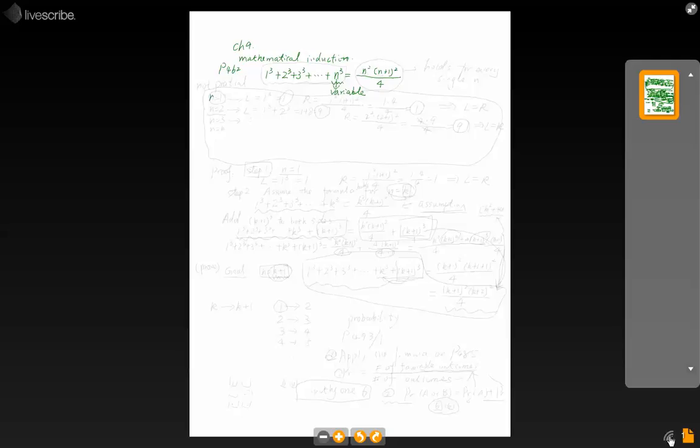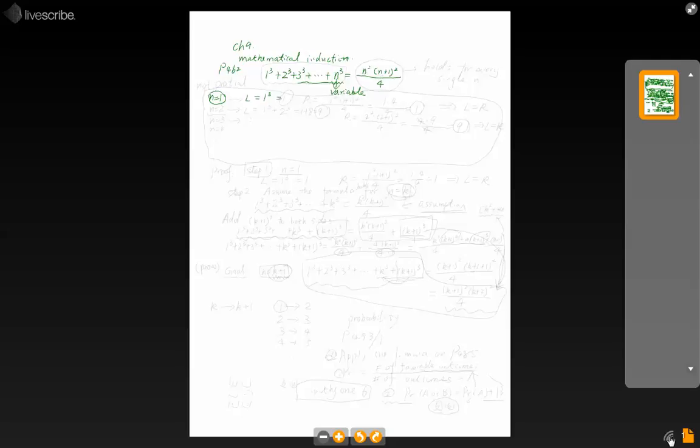So if n is 1, what is the left side? The left side is simply 1 cubed, because the pattern on the left side is that the base goes from 1 to n. If n is 1, the base goes from 1 to 1, which means we only have one term.